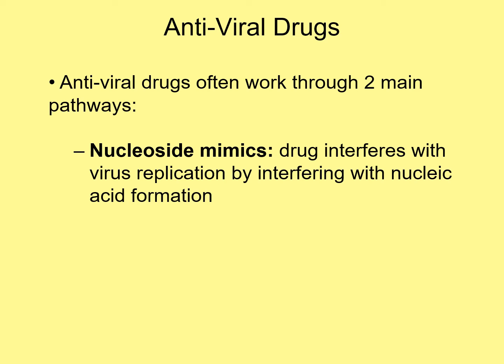The nucleoside mimic is similar in structure to a nucleoside, but it's not the same, so it's not able to form that phosphodiester bond with other nucleotides. That essentially short circuits the viral RNA replication mechanism inside the host cell. They can't keep adding bases on because they won't bond properly.